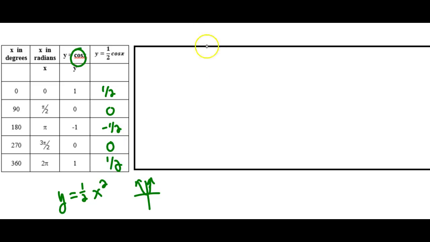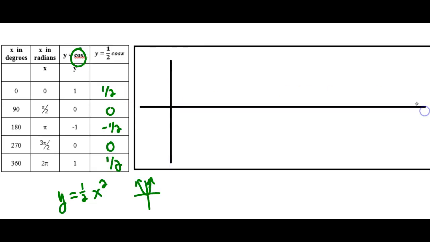And so those are the points we're going to plot. We're going to go from 0 to 2 pi. Half of 2 pi is pi. Halfway between 0 and pi is pi over 2. Halfway between pi and 2 pi is 3 pi over 2.